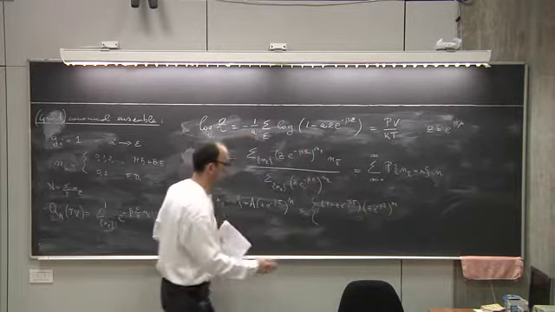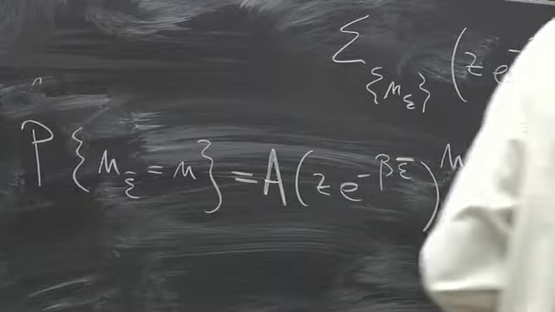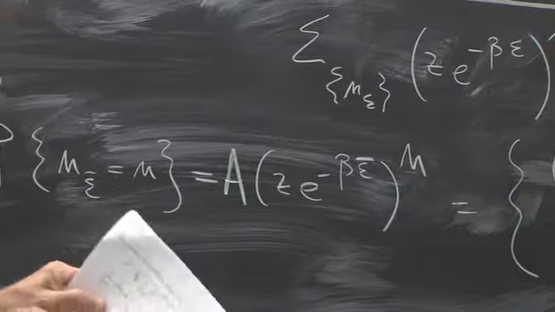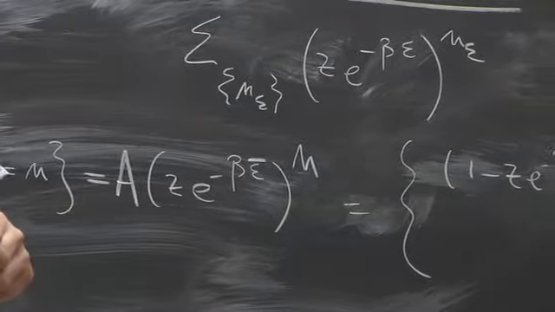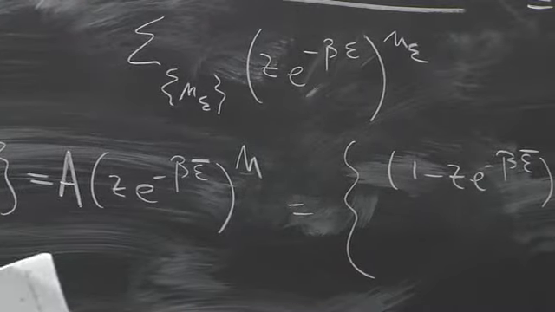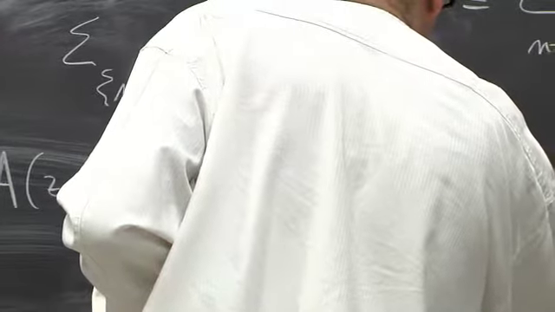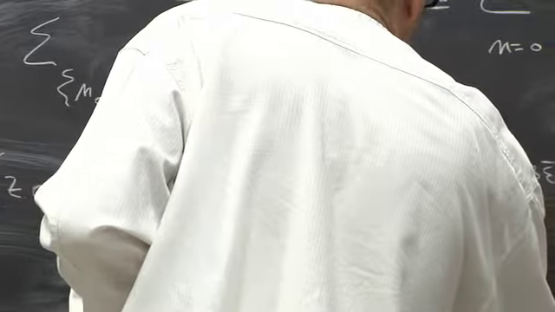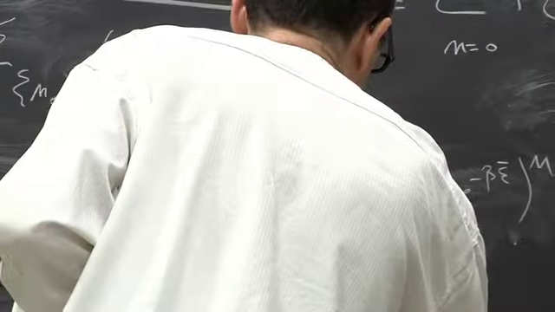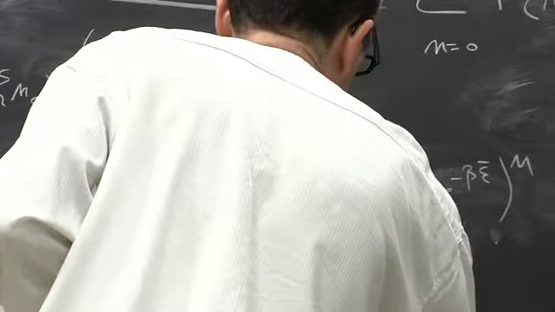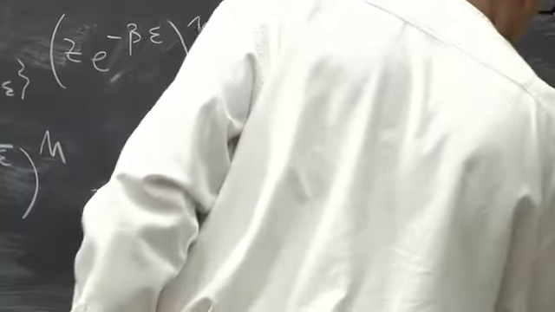This is for the Bose-Einstein statistics. In the case of Fermi-Dirac, you have just to sum over n equal to 0 and n equal to 1. So this will be z e to the minus beta epsilon bar to the n, divided by 1 plus z e to the minus beta epsilon bar. This is for the Fermi-Dirac.